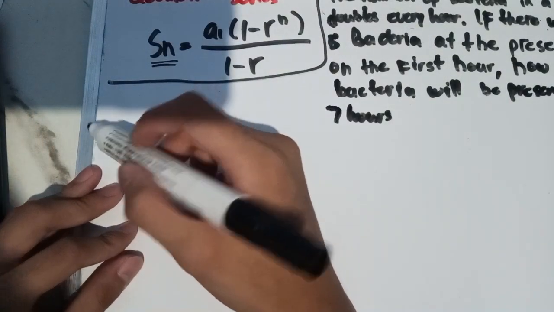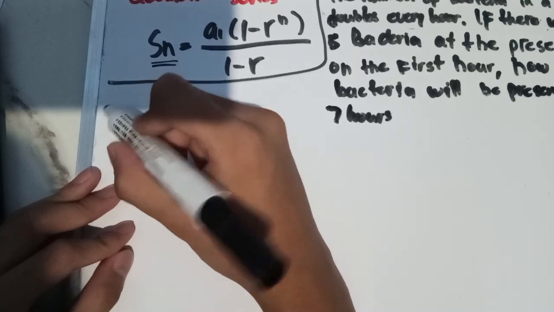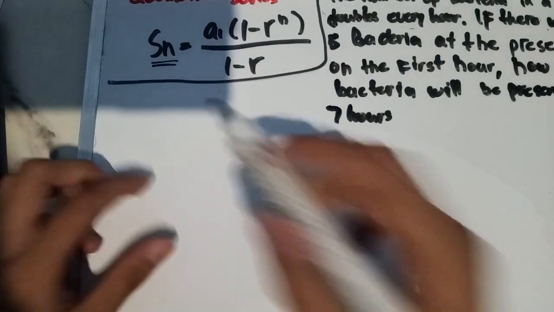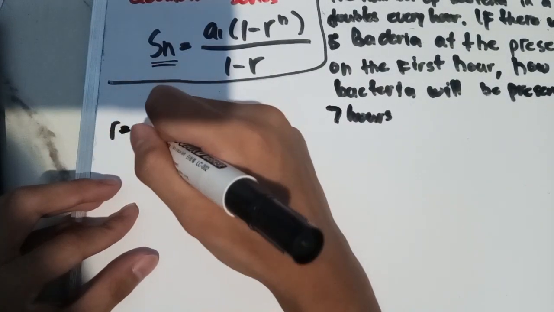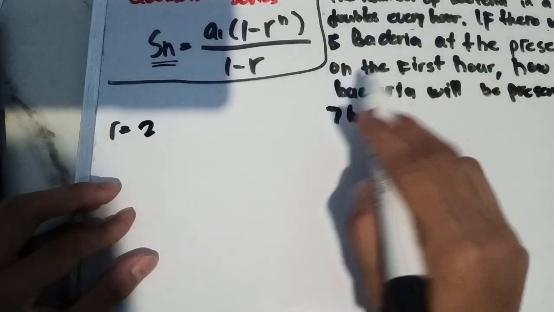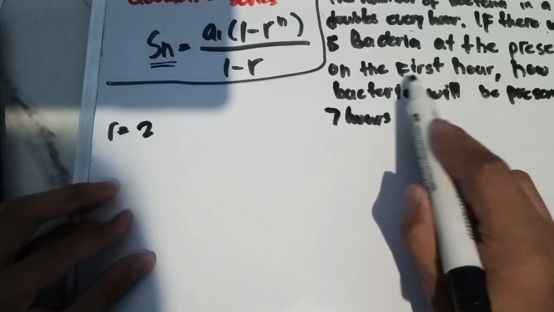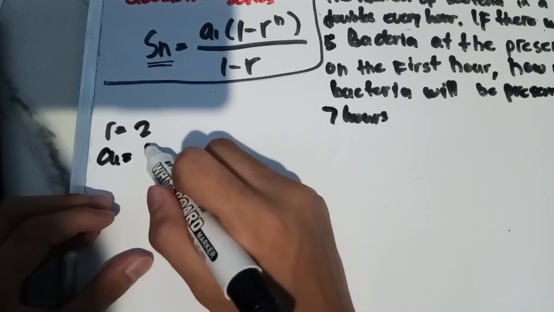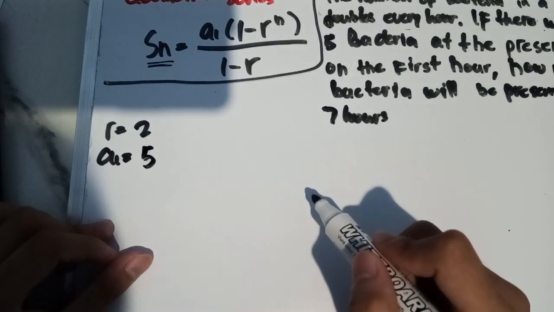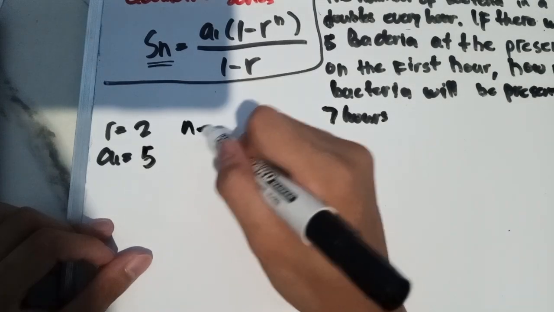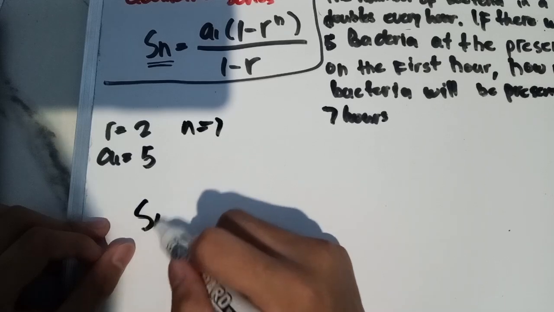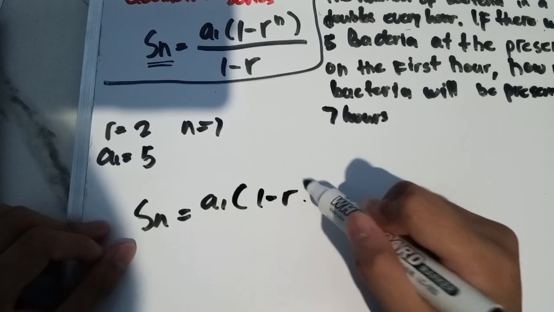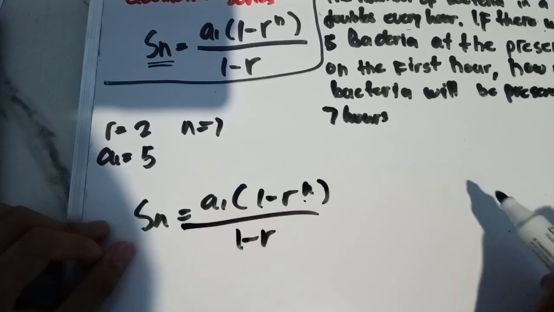Our givens are: doubles every hour, so when we hear double, our common ratio is 2. If there were 5 bacteria present on the first hour, the first hour is our first term, and for that hour you have 5 bacteria. How many bacteria will be present after 7 hours? Now n is equal to 7. Our formula is Sn equal to first term times 1 minus r raised to n over 1 minus r.